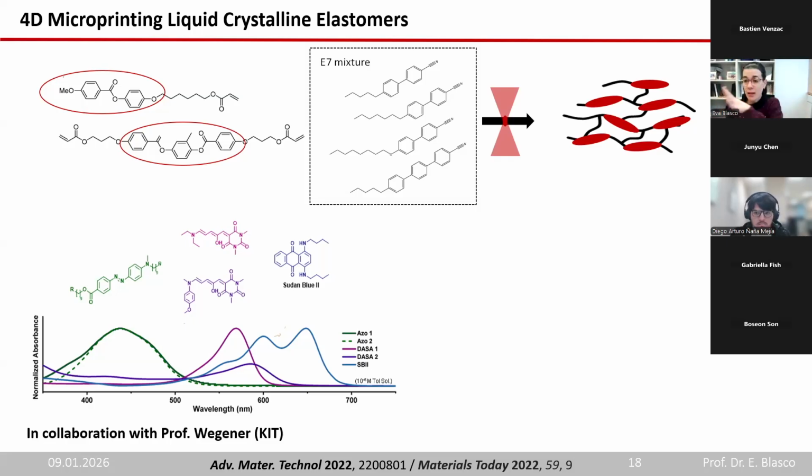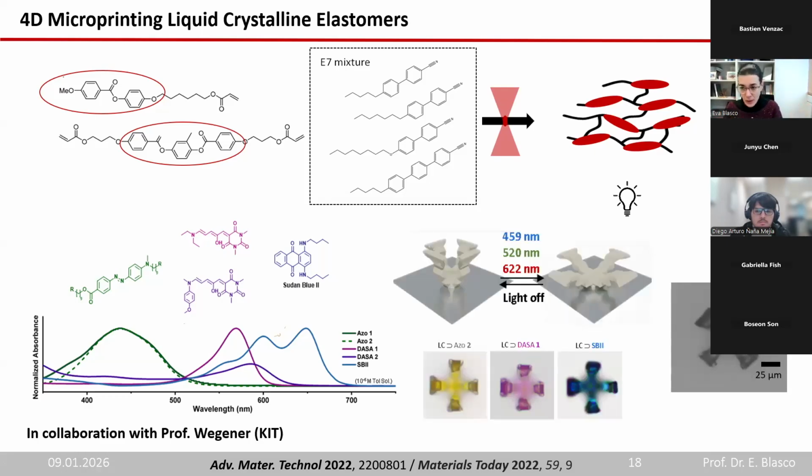And like that, we are not constrained, because this is happening after printing. In the washing step, we are not constrained with wavelength, and she could incorporate the standard azobenzene, absorbing in the UV or blue, but also other DASA and other dyes more into the infrared. And like that, we have all the freedom.